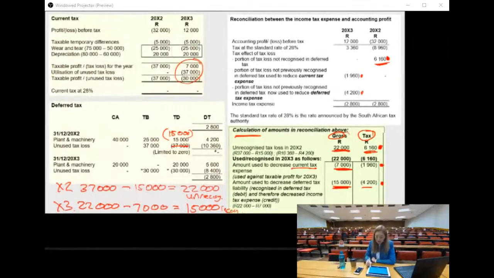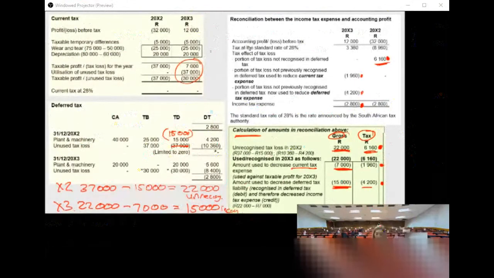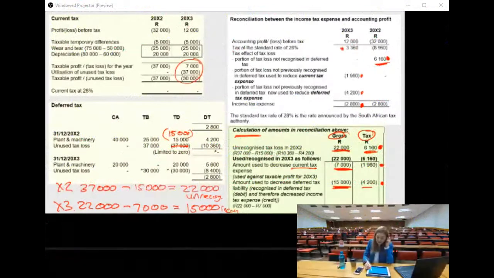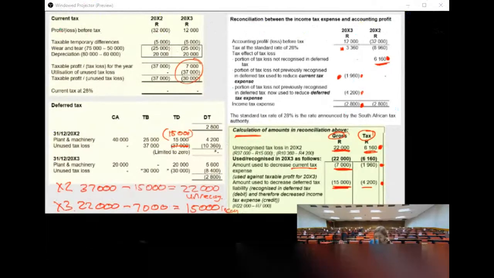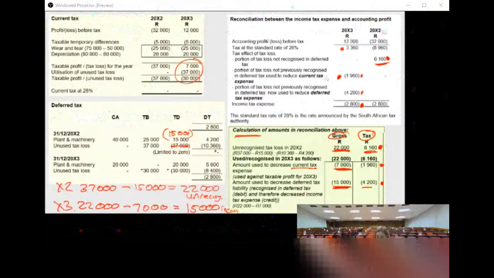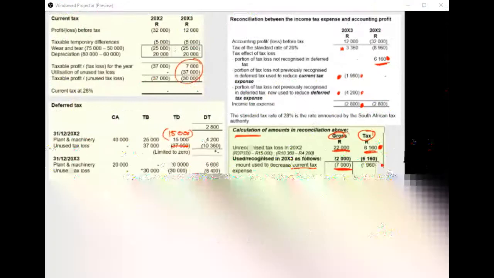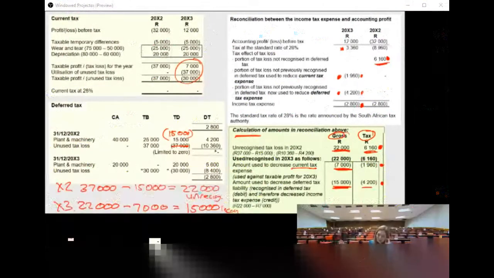So we're saying that the reason why we have this income tax income for 20X3 instead of a tax expense is because we first of all use the prior tax loss to decrease the current tax expense, and then also we are recognizing an additional portion.